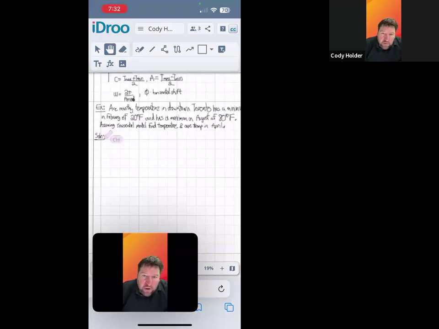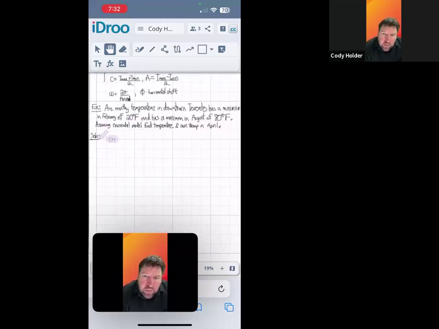we start with writing down the model. So step one, we need to define what our time scale is going to be. So easiest thing I think would be t in months that have passed since December 30th.